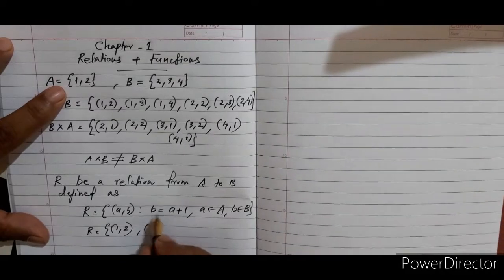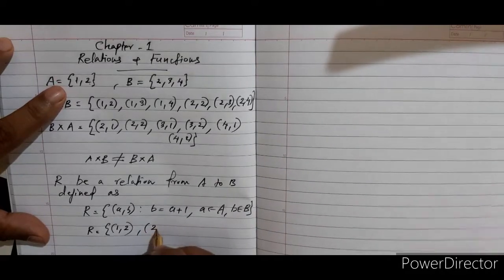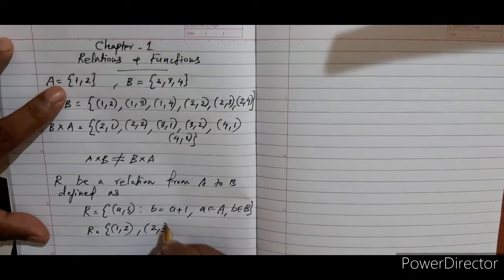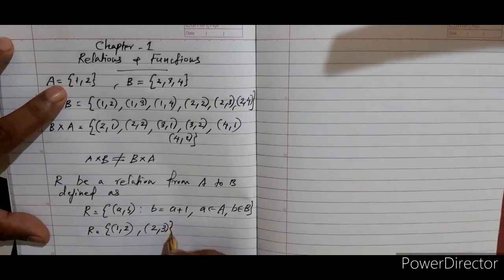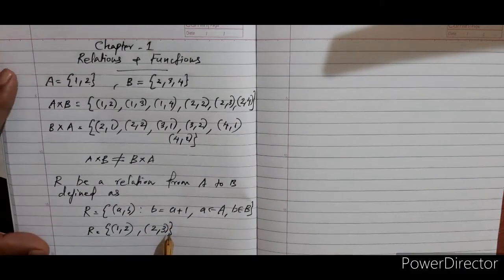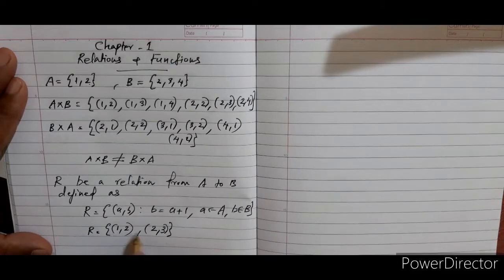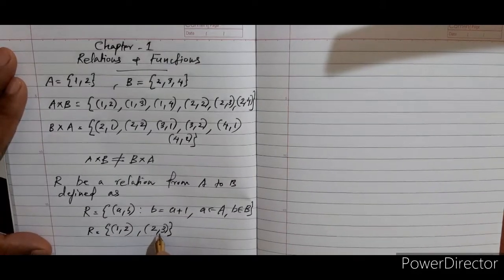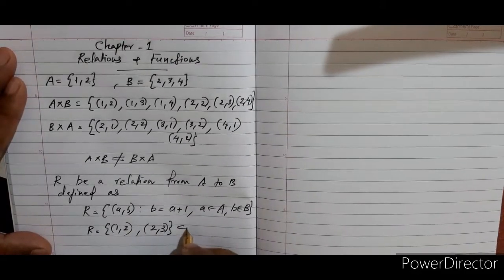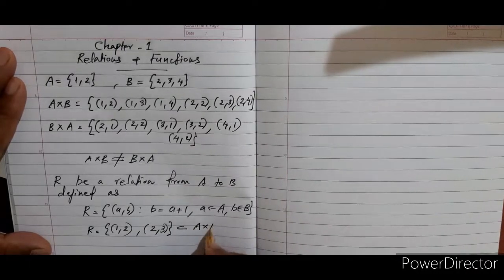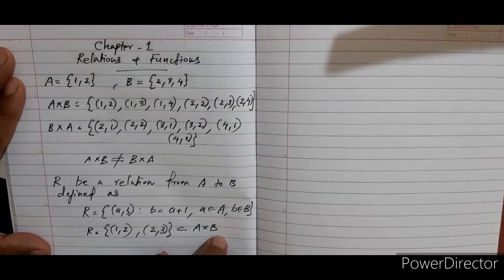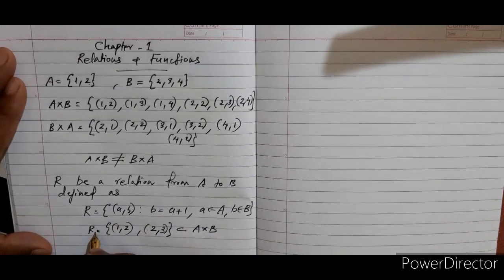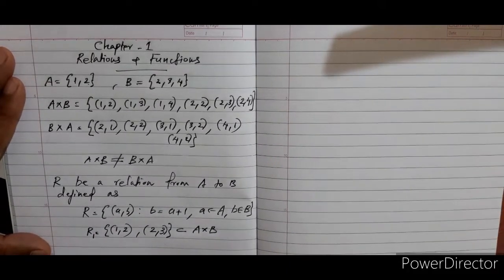When a equals 2, b will be 3. So 2 is related to 3. In A there is no third element, so we can close this set. So R contains only 2 elements. 1 is related to 2 and 2 is related to 3. Clearly R is a subset of A cross B. And all subsets of A cross B are relations. This is actually R1, we can write relation 1.